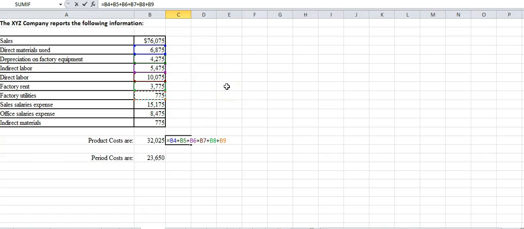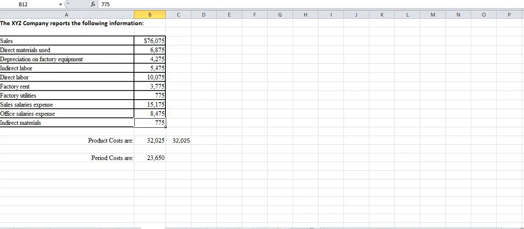And last, sales salaries expense, no, that's a period cost. Office salaries expense, that's another period cost. Indirect materials are things like glue if you're producing a product, or miscellaneous things like sanding paper and things that you might need. Absolutely a product cost. So the answer to that is yes.